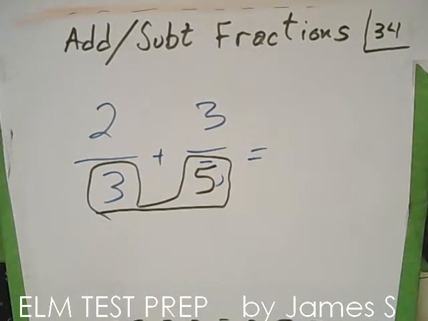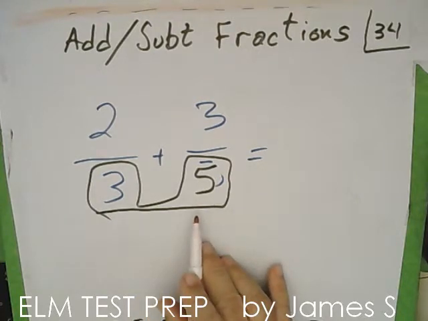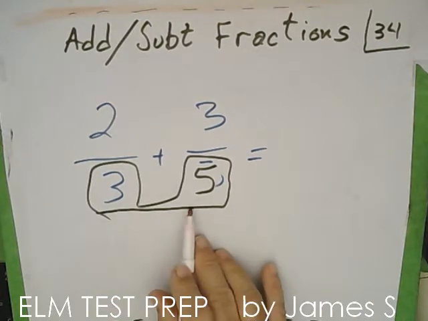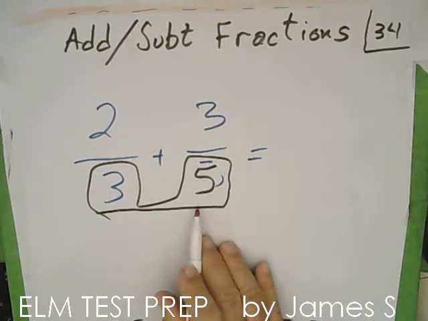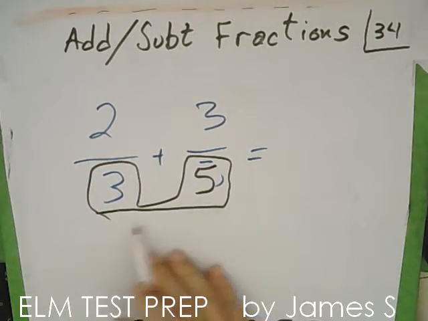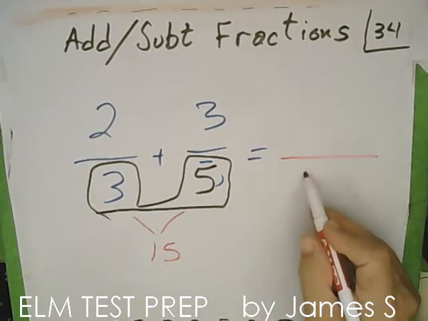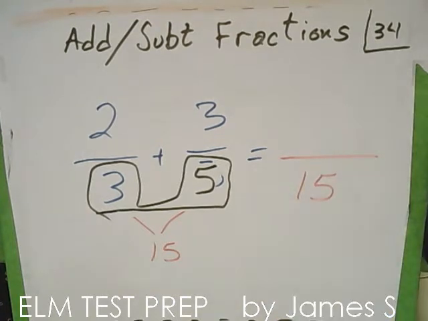So let's look at the idea here. I want these to have a common denominator. These are both prime, so there's nothing in common between them, so all I can do is multiply the two of them together. If I multiply 3 times 5, I get 15. So now my name has changed. I need to change both of these to the same amount.